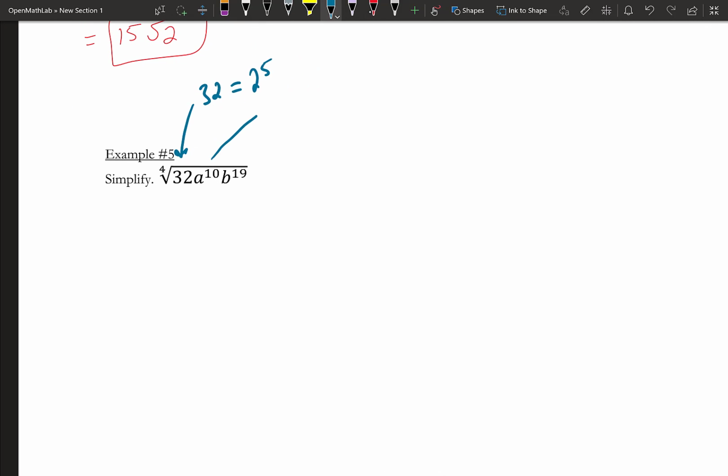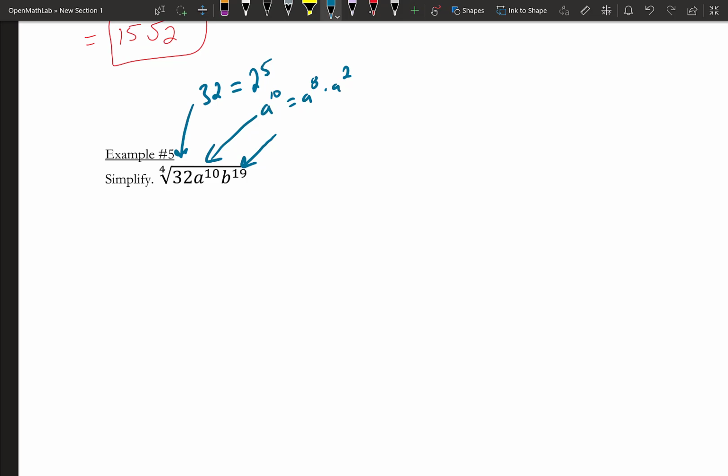And then for this guy, I'm focusing in on that exponent of 10. What's the biggest multiple of 4 that's less than 10? Well, that's 8. So I'm thinking a to the 10th is equal to a to the 8th times a squared. And then I'm focusing on the 19 for b to the 19th.